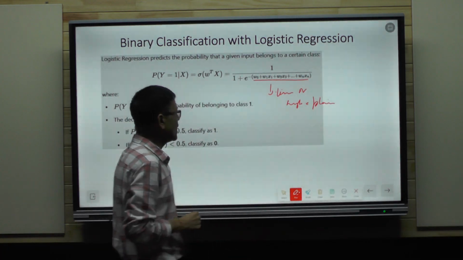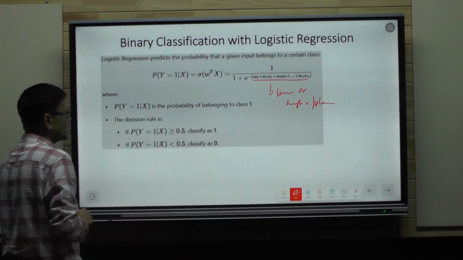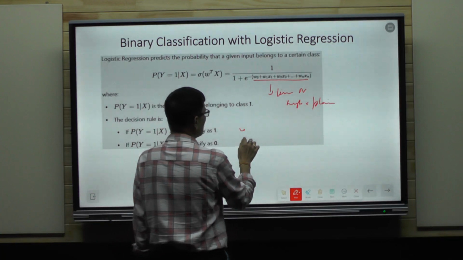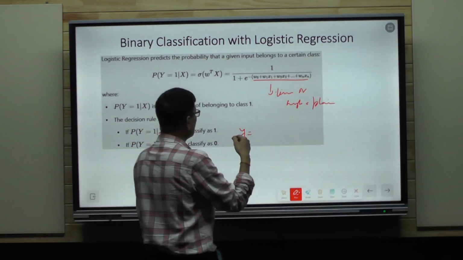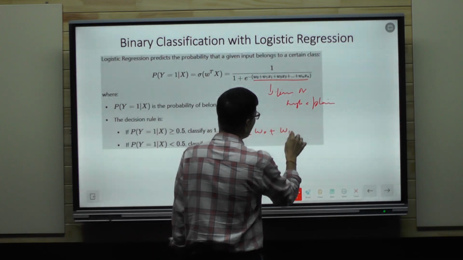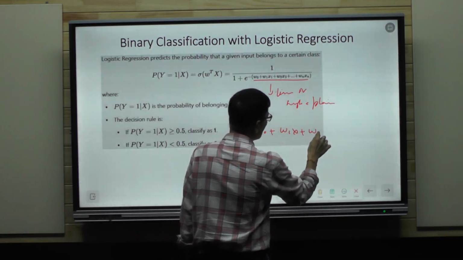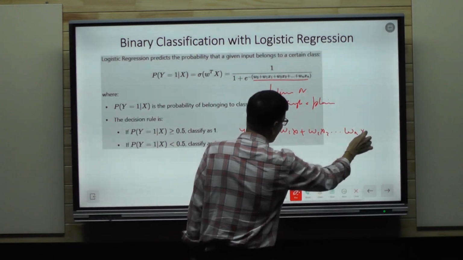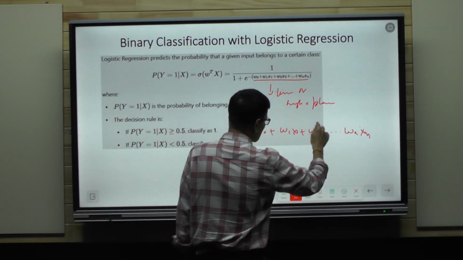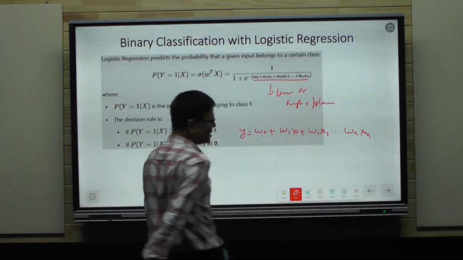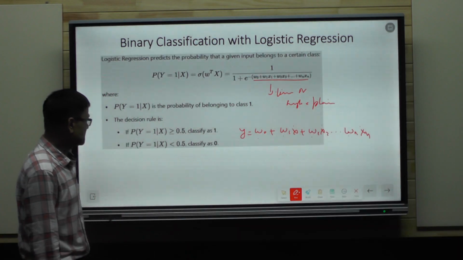So what we can write is y, or let's say z, equals this. Again, remember, these x's are the features, and all the w's are the coefficients.